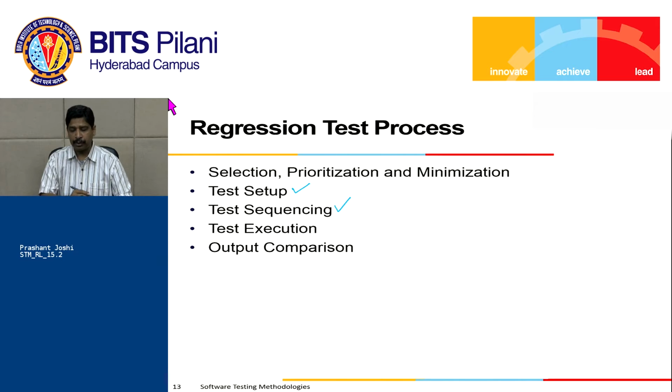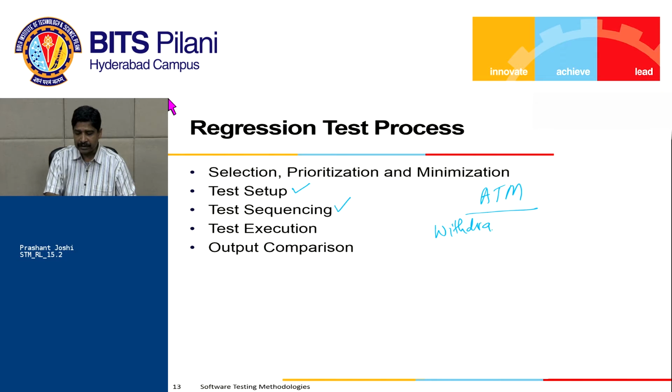Let me give you an example here. So if I'm testing an ATM, and on the ATM, I have withdraw test cases. So in my first test case, I do the login and check balance.